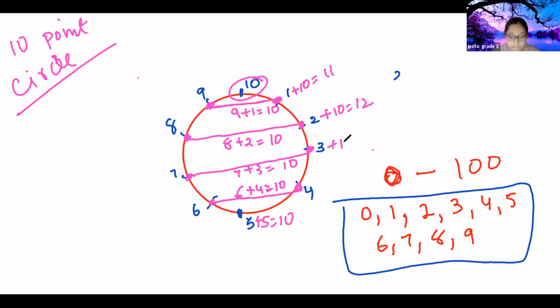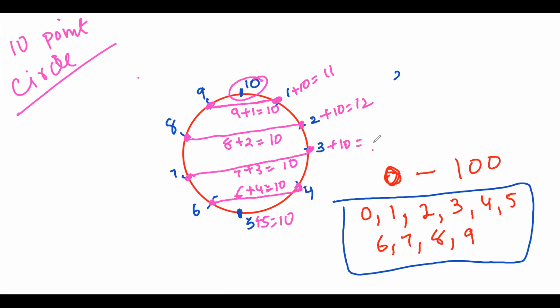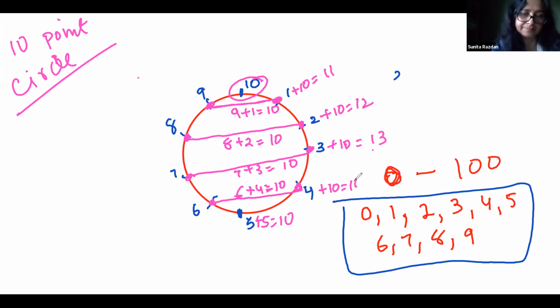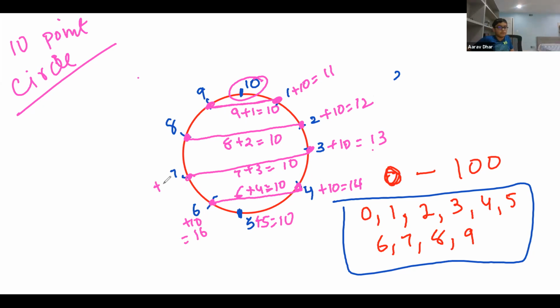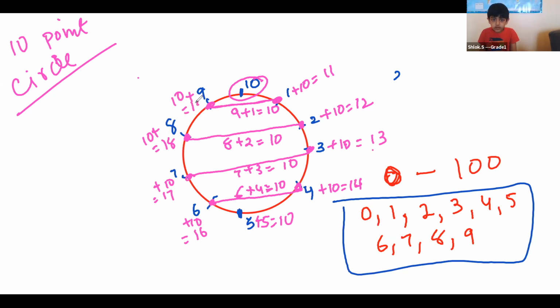Shlok, what is 3 plus 10? 13. 4 plus 10? 14. 6 plus 10? 16. 8 plus 10? 18. Plus 10 is 19.